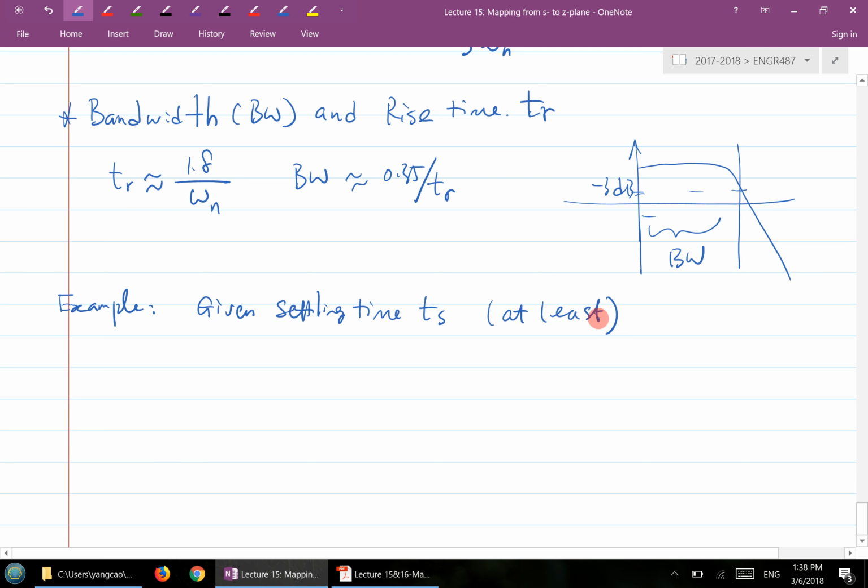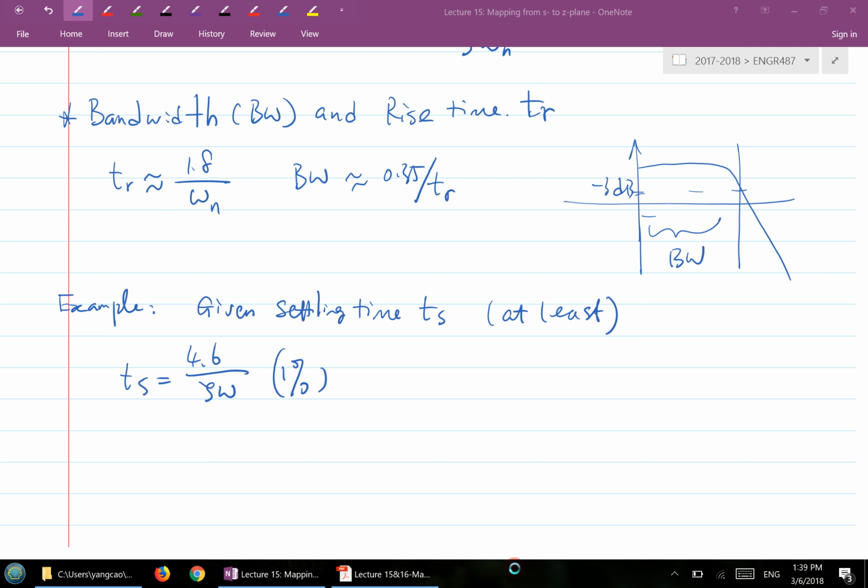So at least you want to reach the steady state region, 1% or 2%, within a certain amount of time. Suppose we are using the 1% in this case. That's the 1% formula. If Ts is given, then we can solve for the right side here.